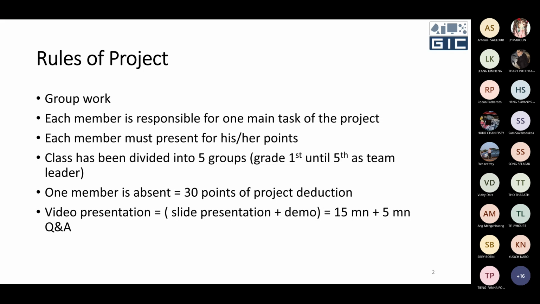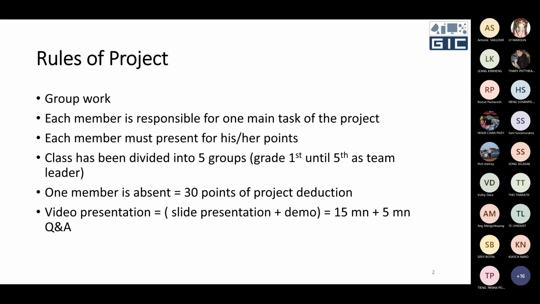One member absent during a presentation is equal to a 30 point deduction of the project score. For example, the total score is 100. Actually you don't have 100 when you make a presentation to defend your project.